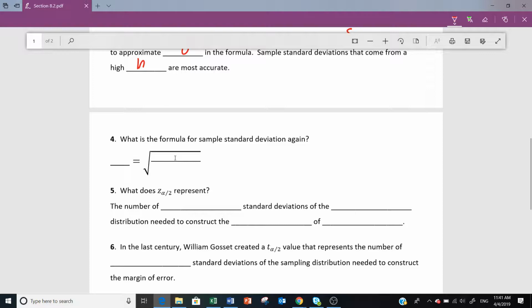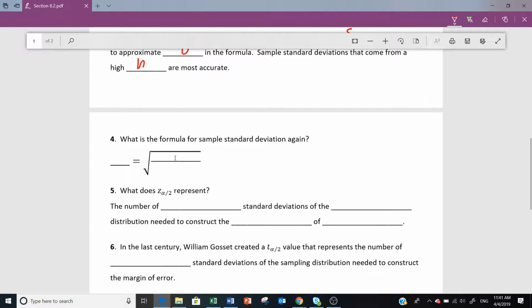So let's see if we can remember what our formula for sample standard deviation is. That part's right. Good. And is this number of people in the sample on the bottom? Yes, the number was n-1 at the bottom. Does that look a little familiar?